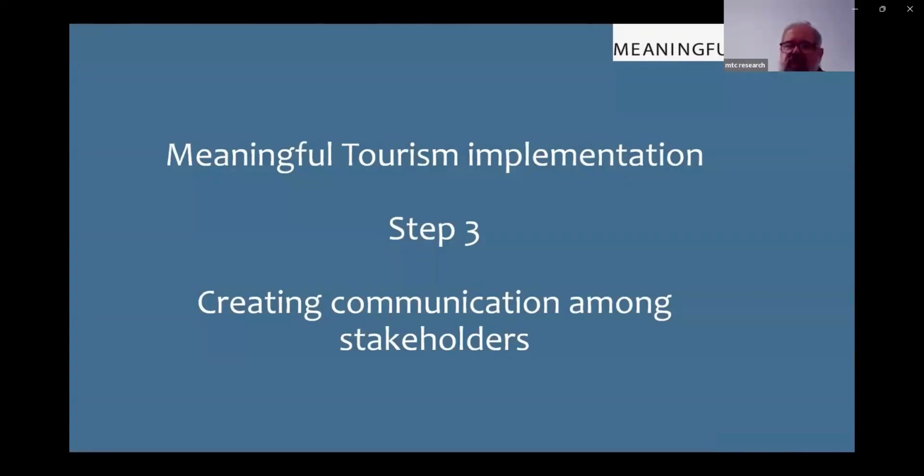And now the next step, another important one, is creating communication among stakeholders. In tourism, most of the companies working in tourism are SMEs, small and medium-sized enterprises.